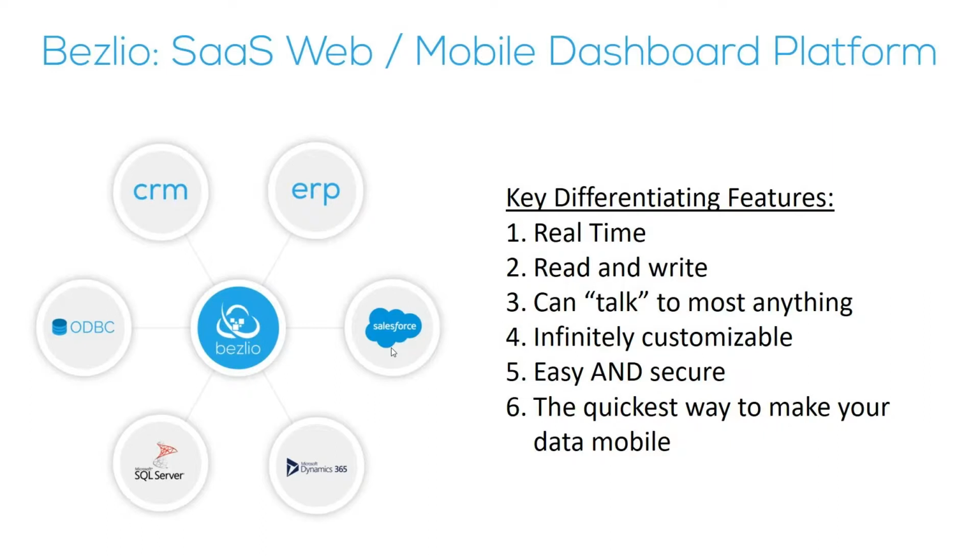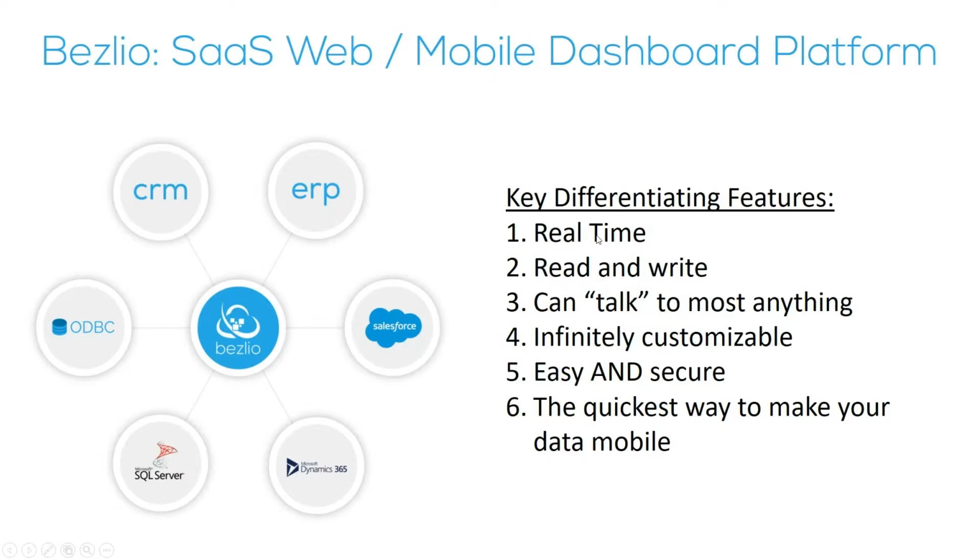We'll get into this in the next diagram on the next slide, but essentially you probably have ERP systems, Excel spreadsheets, Access databases, the whole mishmash of things that helps you run your business. With Bezlio, we allow you to connect all of that, pull it all together into a single spot, and mash it all up into a single view without complex and complicated routines to develop to do that.